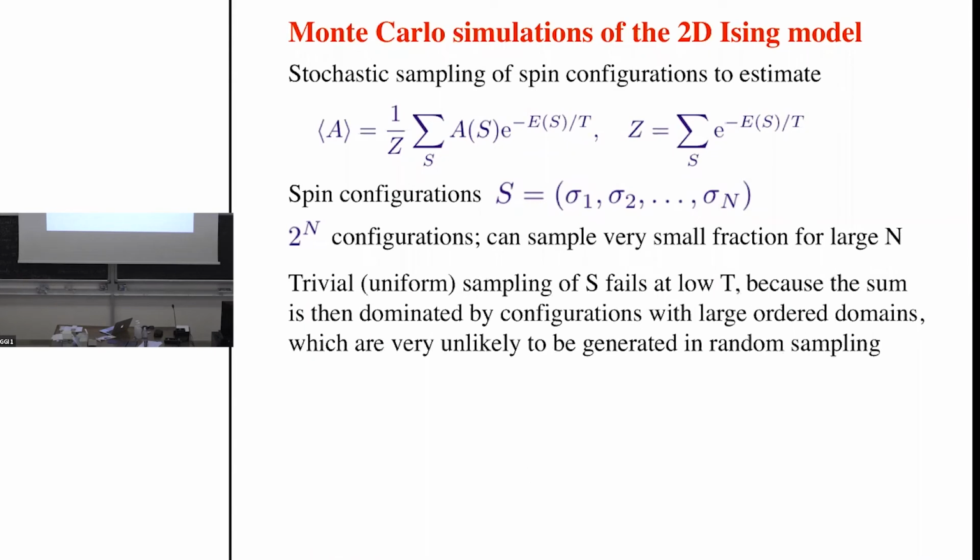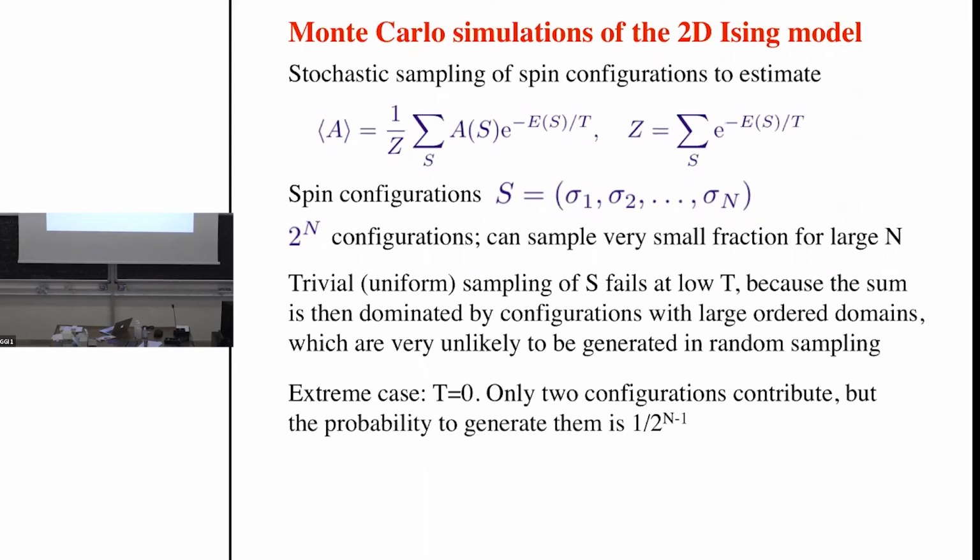In particular, in the extreme case at 0 temperature, we know that only 2 configurations contribute: all up or all down. But if you draw samples at random and n is large, you will never draw those, right? So you can definitely evaluate these sums based on your finite sample, but your results will be completely wrong because your sampling cannot, in practice, reach the important configurations.